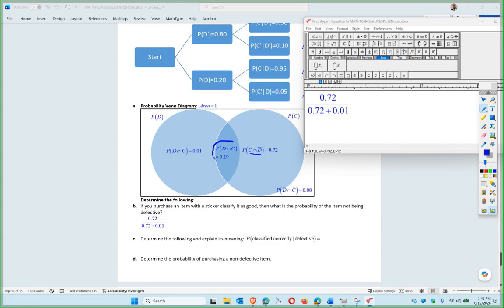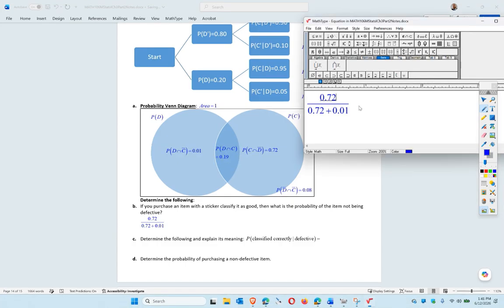But like, what about this? Well, they're defective and labeled correctly. Those would never get shipped to the store because they have bad stickers on them, right? The sticker says bad because it's a defective item and it's labeled correctly. They didn't go to the store. So essentially, the probability of purchasing an item that has a good sticker on it is 0.72 over 0.73, right? Or essentially 72 out of 73.